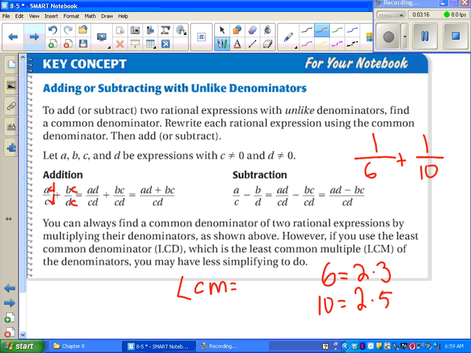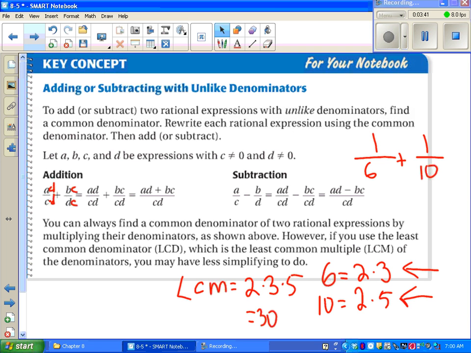For instance, I see a 2, and it's raised to the first. I also see a 2 raised to the first here. I only need one of them, so I say 2 raised to the first. I also see a 3. The highest power of 3 I see is 1. The highest power of 5 I see is 1. Multiply all those together, we get 30. There's our least common multiple.